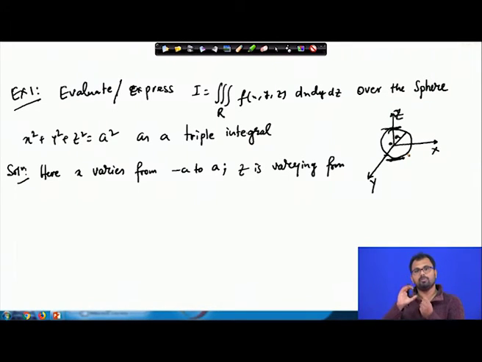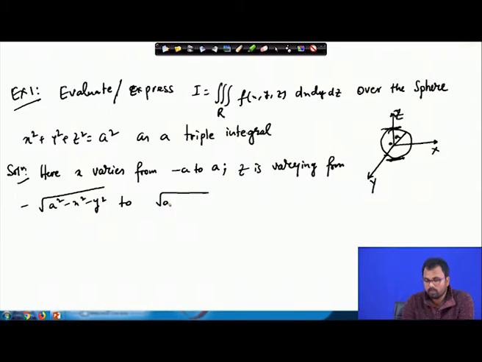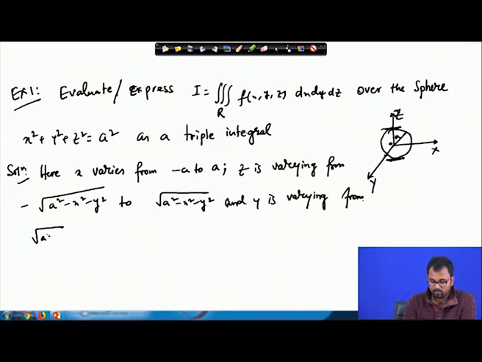It's slightly difficult to figure out the 3D geometry, but it's varying from minus the square root of a square minus x square minus y square to the square root of a square minus x square minus y square, and y is varying from, if we take z equals 0, then in two dimensional geometry it's basically a circle, x square plus y square equals a square, where y is varying from minus the square root of a square minus x square to the positive square root of a square minus x square.